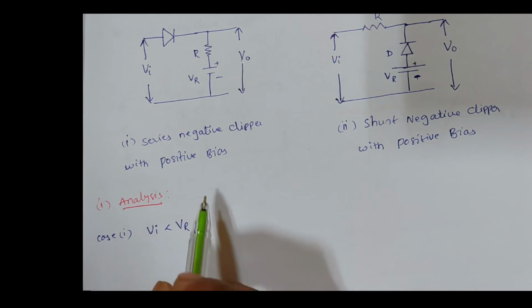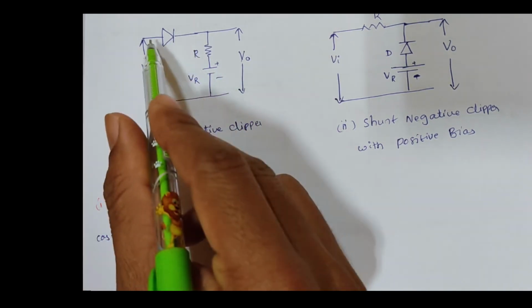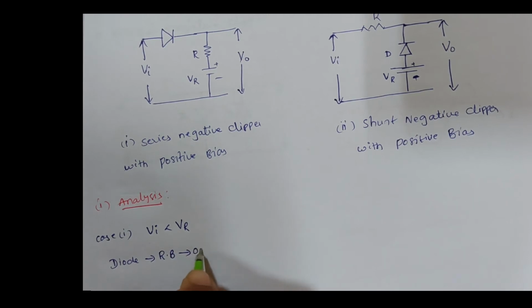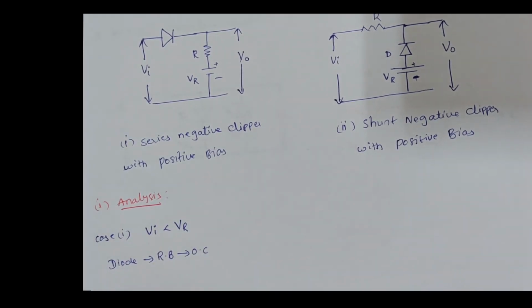Here cathode potential is more compared to the anode potential. Then we can say the diode is in reverse bias. It is acting as an open circuit.